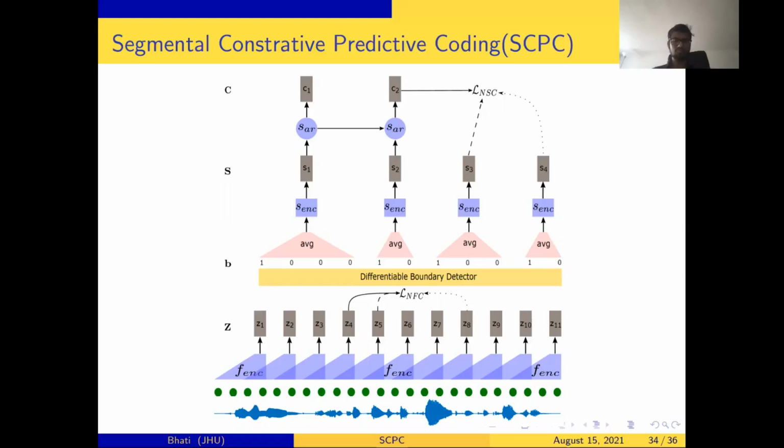To train this, we combine both the frame level loss and the segment level loss, and we train it directly in an end-to-end manner from the waveform to segment level representations.